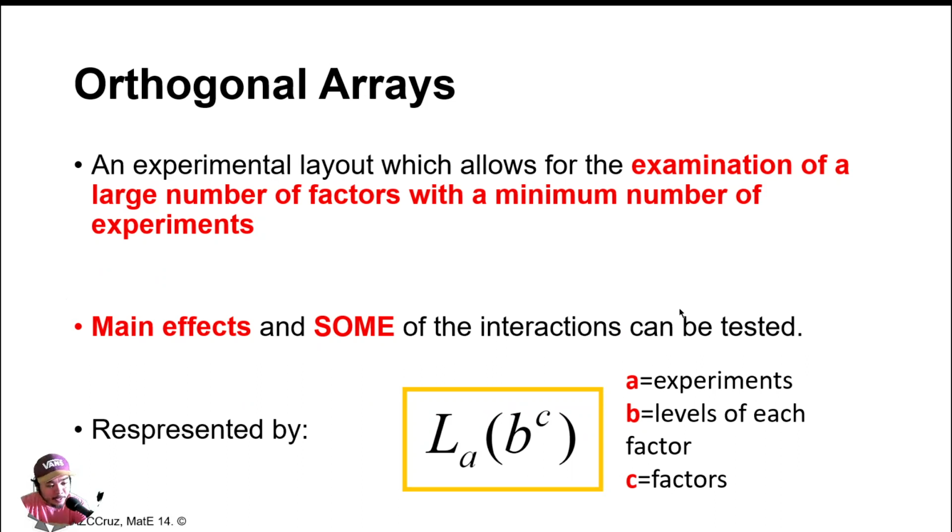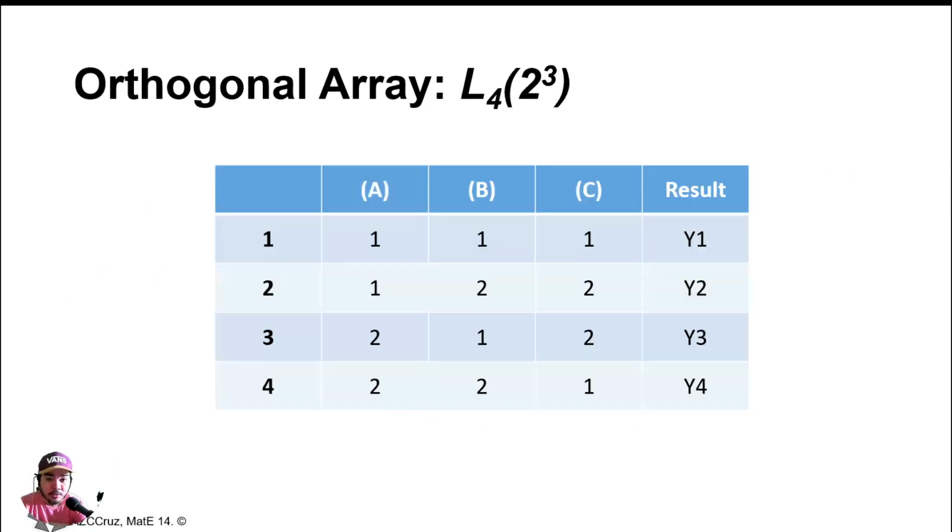And again, it banks on the sparsity of effects principle, where usually the main effects have a significant effect on the response rather than the higher order interactions, no? Okay?